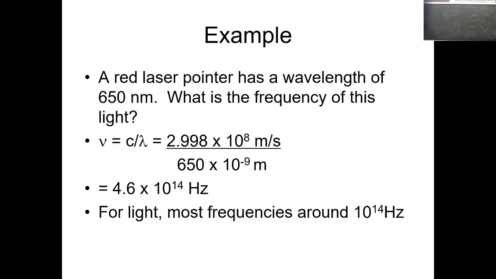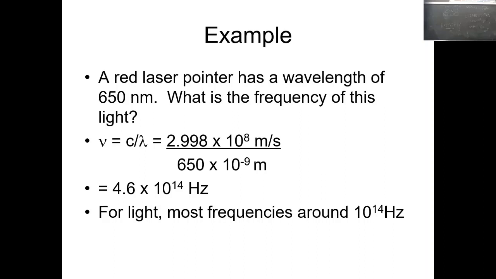So when you're dealing with a color, red, green, blue, you should expect your exponent to be 14. If we're dealing with ultraviolet light, the frequency should go up a little bit, and so it should be 10 to the 15. If you're dealing with infrared, it should go down to 10 to the 13. And those will be most of the things we do.